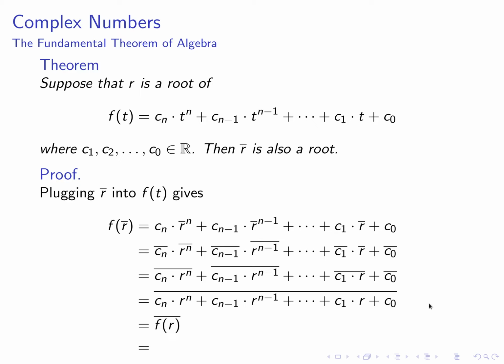Well, this is the same thing as taking the conjugate of what we would have obtained if we just replaced t with r in the expression for the polynomial. And the assumption in this theorem is that little r was a root, which means we're really looking at the conjugate of 0, which is itself equal to 0. So this concludes the proof, saying that if our polynomial has real coefficients and we know one of the roots is little r, we know that another one of the roots is the conjugate of little r.